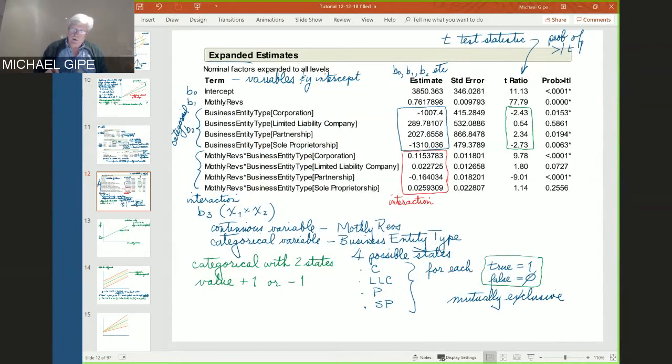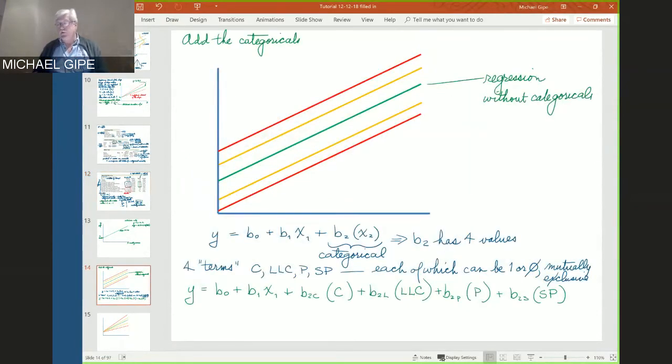And so that's how we would figure out what the Y value should be based on that categorical. So essentially what we have is Y equals 3850 plus 0.76 times monthly revs, plus one of these cases.